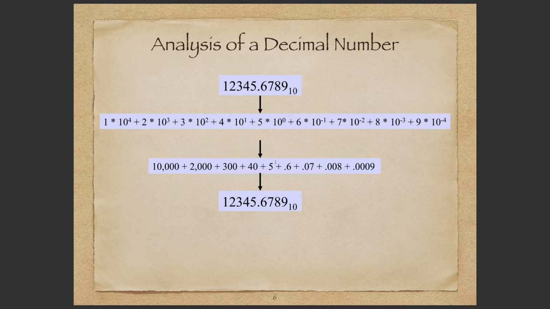So the base is what's setting the weight for each of the columns. When we move to the right of the decimal point, now we're dealing with fractions. So the first column is 10 to the minus 1, the second column is 10 to the minus 2, etc. So when we look at those, we can sum up all the contributions and we get the value.